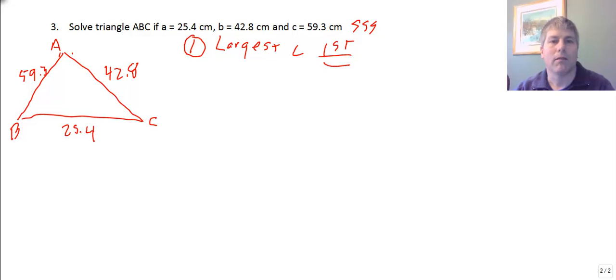So do that angle first. So we will use C squared.